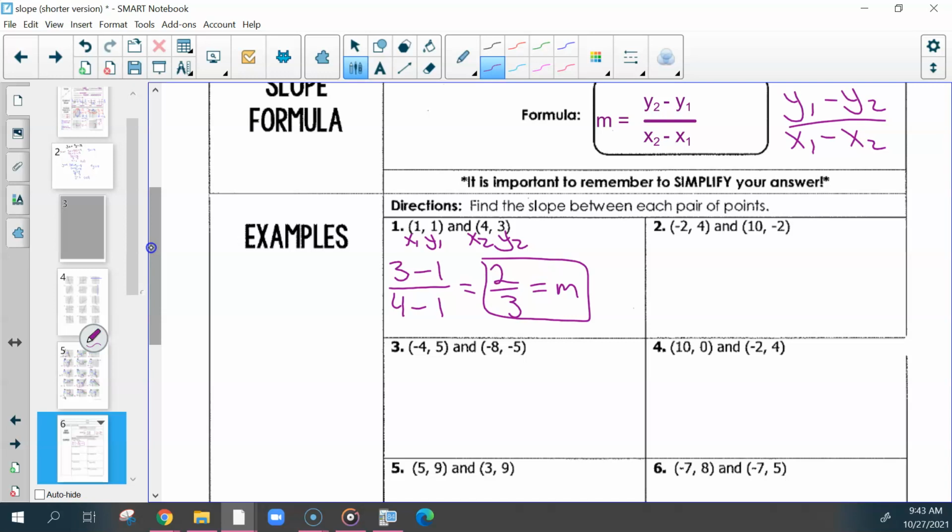To show you that the other method works, when you switch y1, y2, x1, and x2, I'm going to do the same thing. You don't have to write this part, you can if you want. 1 minus 3 over 1 minus 4, so I'm switching both of them if I forget the order. 1 minus 3 gives me negative 2. 1 minus 4 gives me negative 3, and that still gives me positive 2/3.